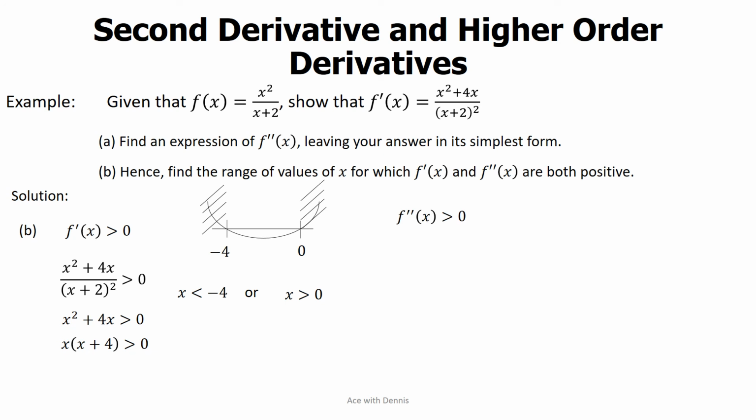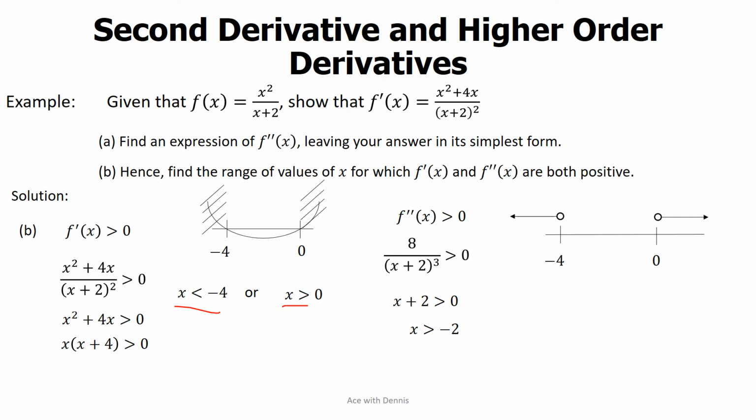Next, we move on to f double prime x greater than 0, which means 8 over (x plus 2) cubed greater than 0, and x plus 2 must be greater than 0. So x is greater than negative 2. Now we need to combine all the ranges together. So first start with negative 4, and we have x less than negative 4 here. So that's why we have a white dot with an arrow pointing to the left. The next one, 0, x is greater than 0.